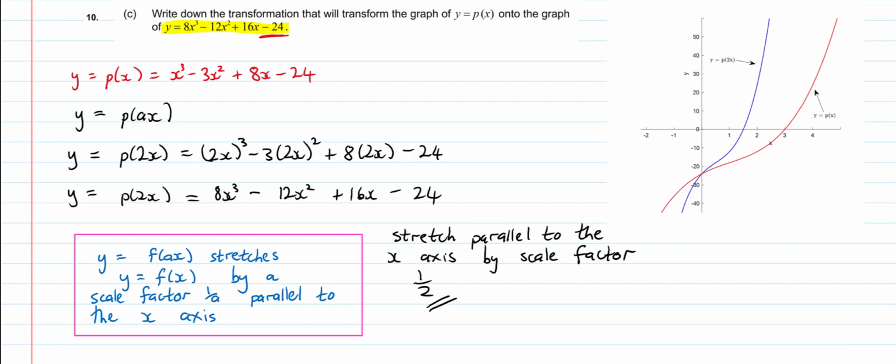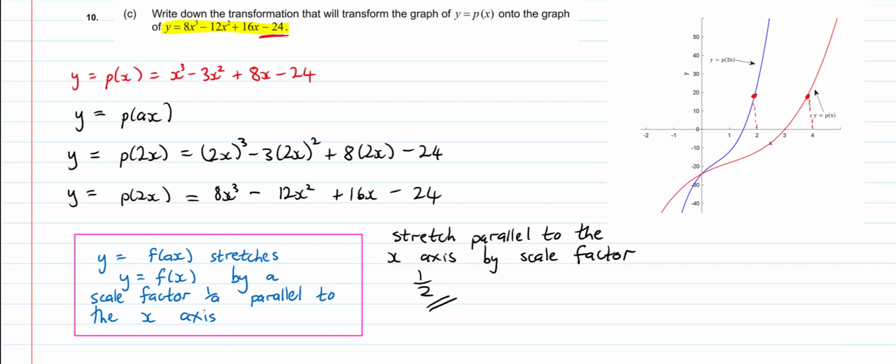So for example, if we took the point when x is equal to 4 on y equals p of x, let's say about there, it's just very rough, we're going to have that same y coordinate when x is equal to 2 on the blue line, which obviously makes sense because if we plug in x equals 2, 2 times 2 is 4, we get p of 4, so that's going to be about here, say.